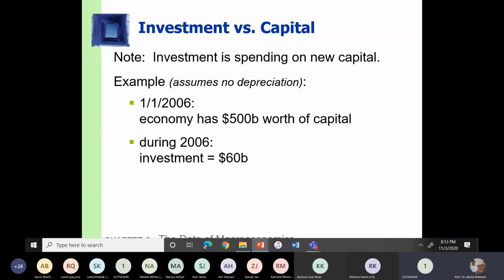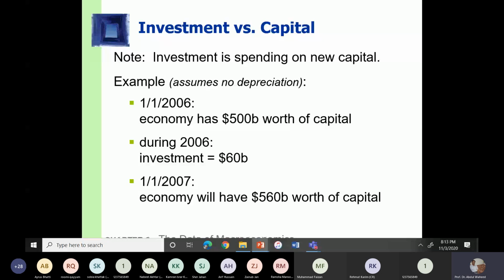Yes, 560. Because investment is the addition to the existing stock of capital, and there is no depreciation, gross investment is the net investment in this case. So on 1st January 2007, the economy will have 560 billion worth of capital.